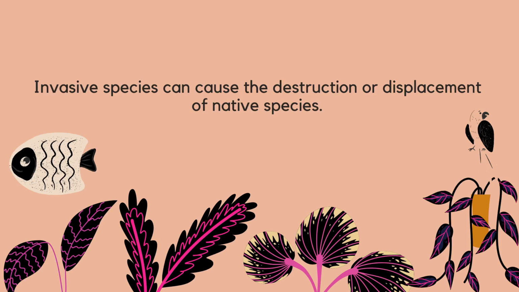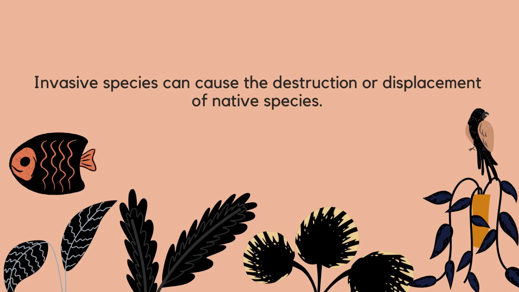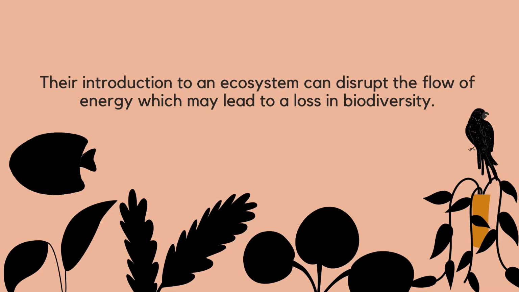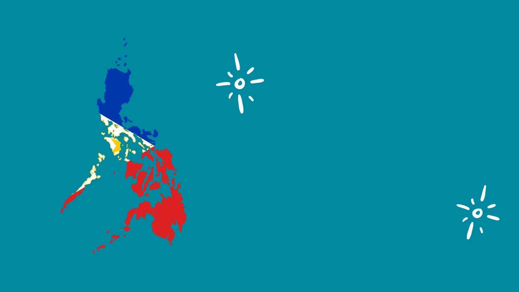Invasive species can cause the destruction or displacement of native species. They can be predatory or become competition in the hunt for resources. Their introduction to an ecosystem can disrupt the flow of energy, which may lead to a loss in biodiversity.